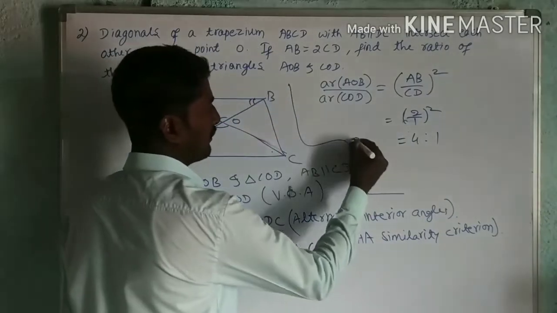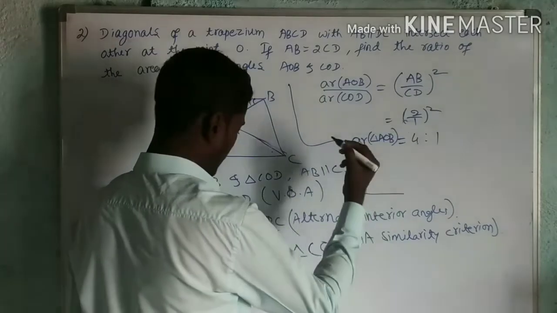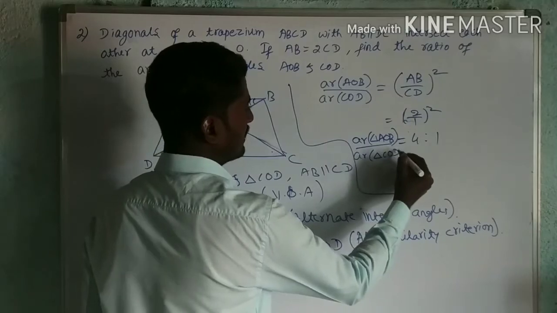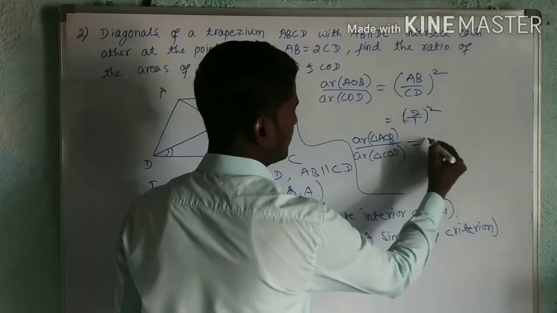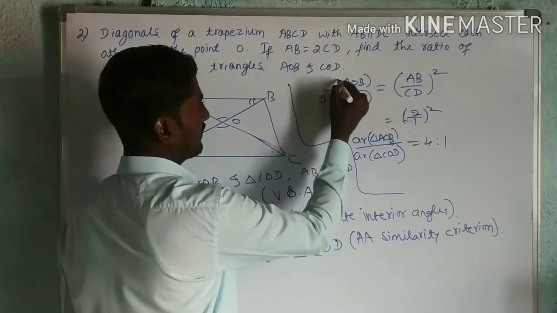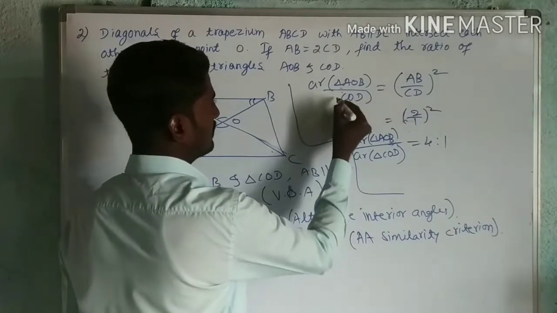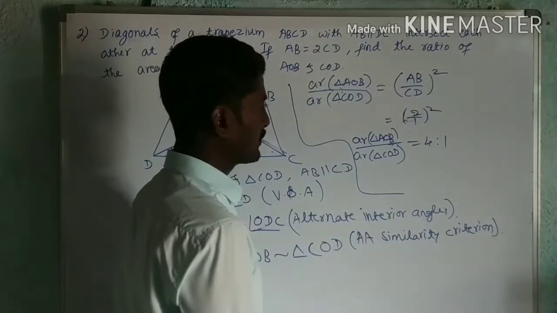So area of triangle AOB divided by area of triangle COD is equal to 4:1.